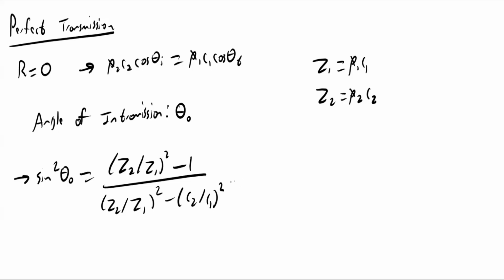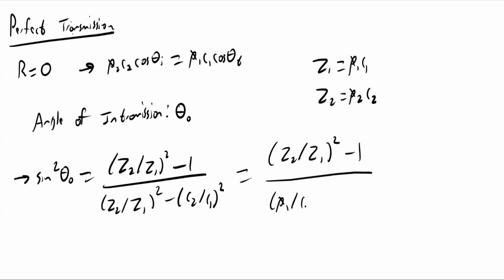Rho 1 C1, rho 2 C2. If you so choose, you can rewrite this expression in this way as well. Just like that. So it's important to note that not every pair of media has such an angle. So it doesn't necessarily have an angle of intromission.